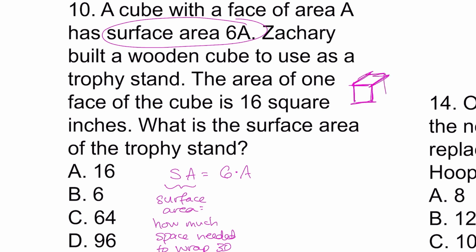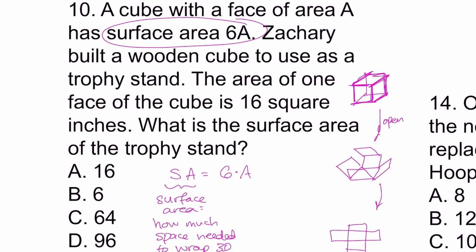So for this cube, if you were to open this up, what would end up happening is you have this base, then you have the 4 sides, and you still have the lid. Okay, so it's opening up, and eventually you get something that looks like this. So this is the net diagram for this cube.